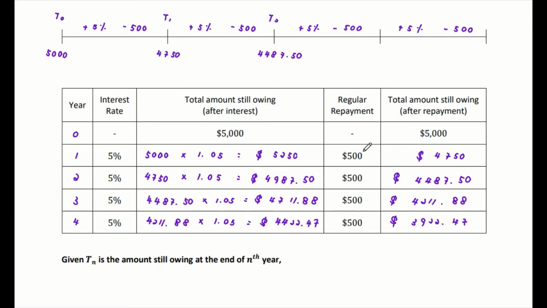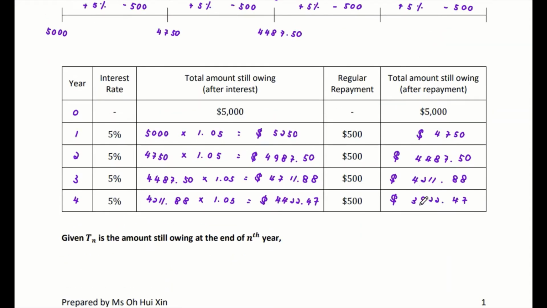If this regular repayment is less than the interest, then forever you won't be able to pay off your loan, because your repayment is not even enough to pay off your interest. Then the total amount of money that you are still owing after each repayment will keep increasing, because of the interest generated.